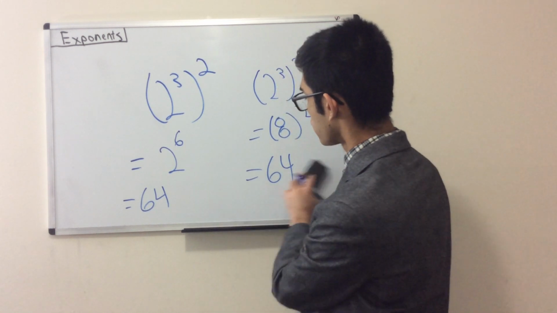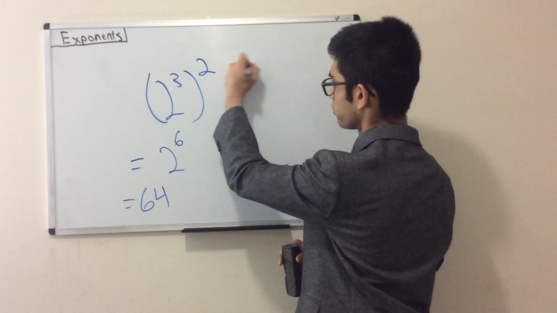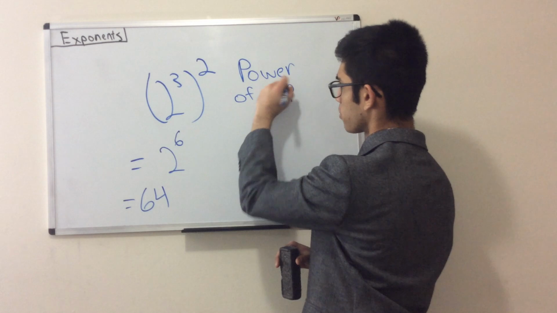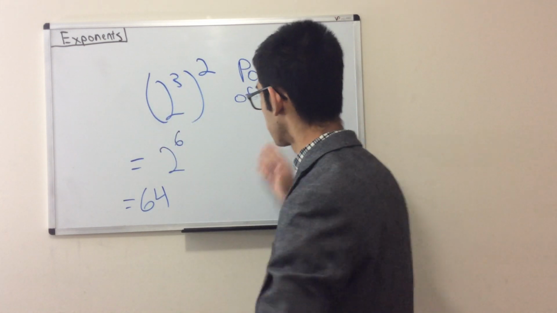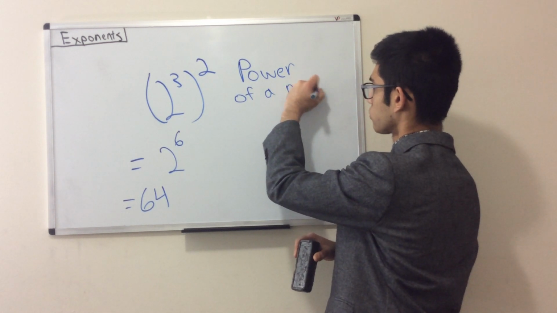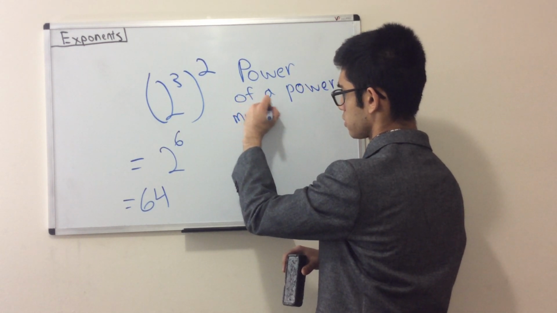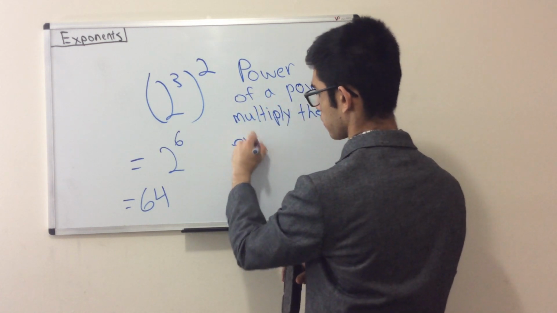So the property I really wanted to highlight here is that if you have a power of a power, that's how I remember it. Because look, I have a power and I have another power on the outside. So if it's a power of a power, what I do is I multiply the exponents. I'll just quickly put this up.